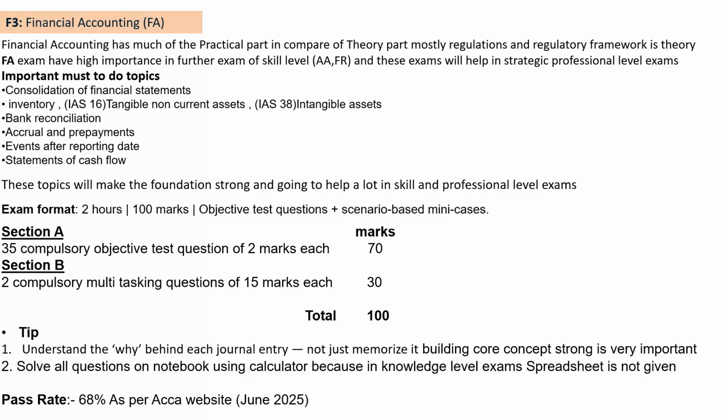Now, the important topics that you must prepare are consolidation of financial statements. In financial accounting, there is an introduction to consolidation. The full consolidation will come in the financial reporting exam at skill level, but some basic things which will come and strengthen your foundation are IAS 16 tangible non-current assets, IAS 38 intangible assets, and IAS 2 inventory.